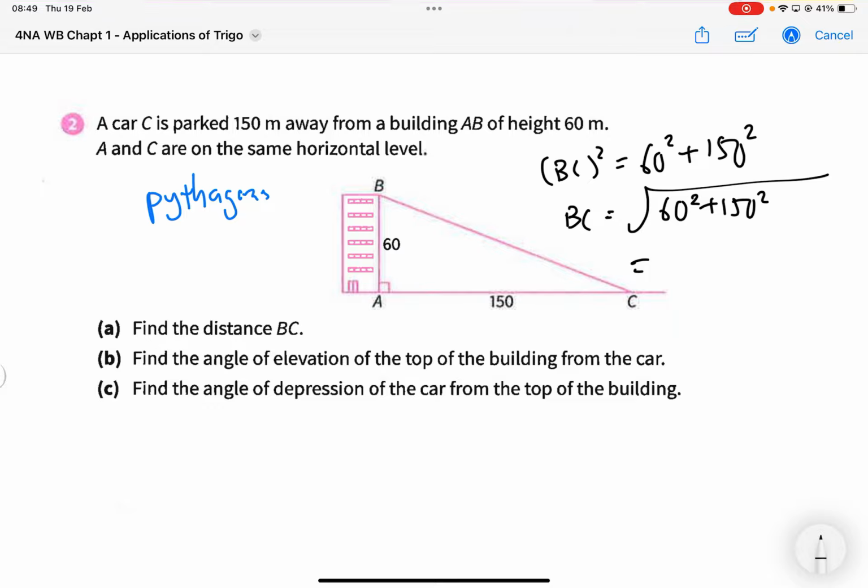Okay, go and practice pressing your calculator also.